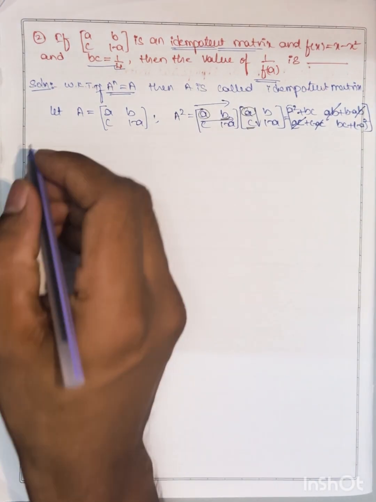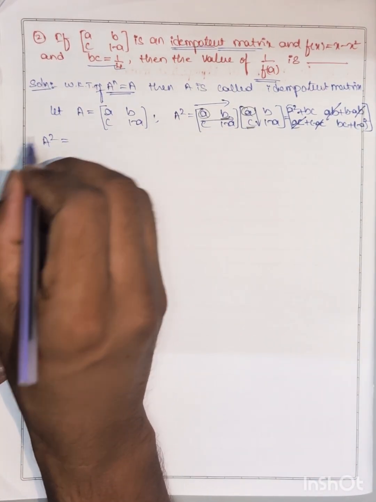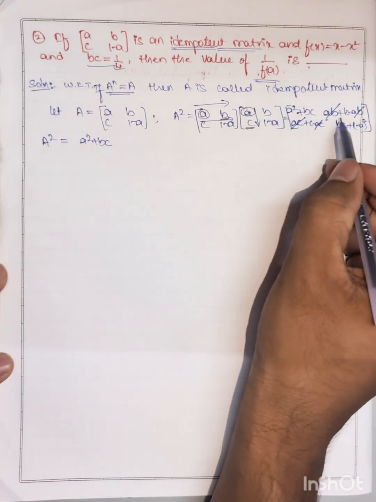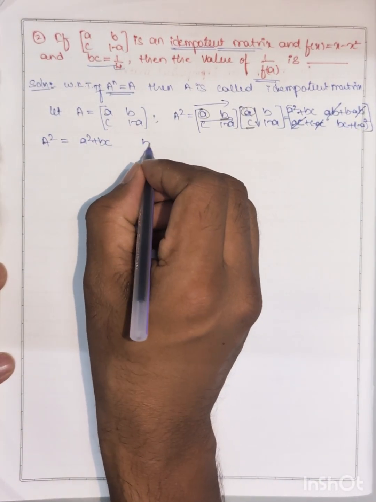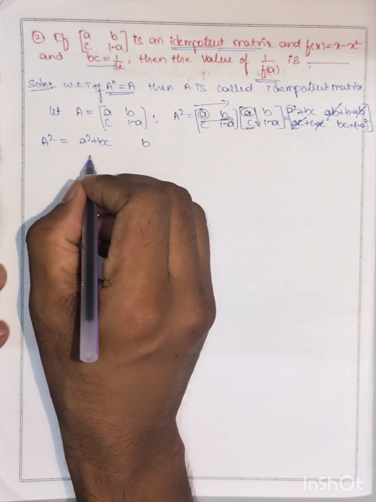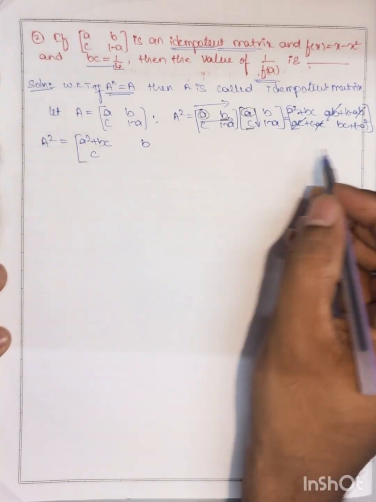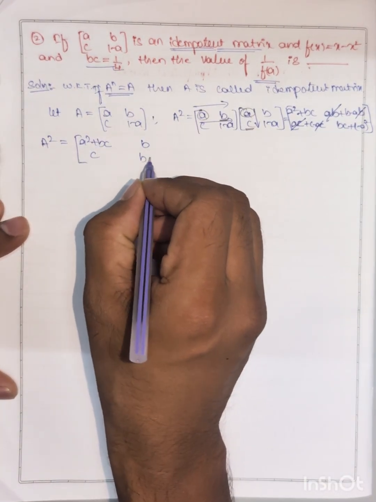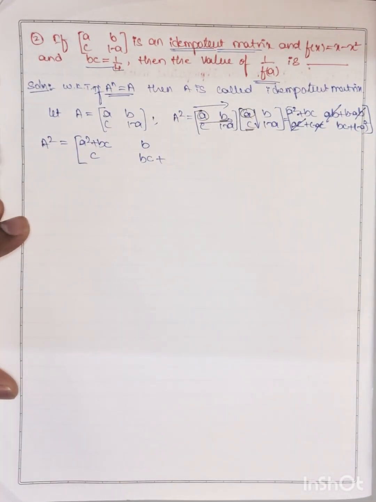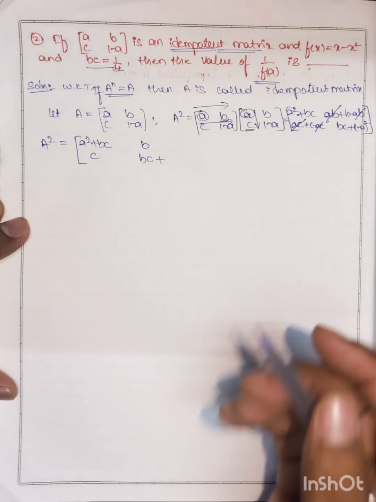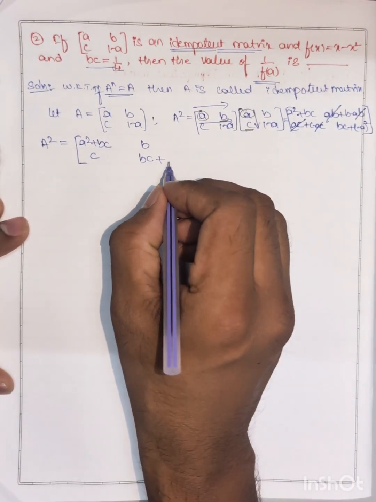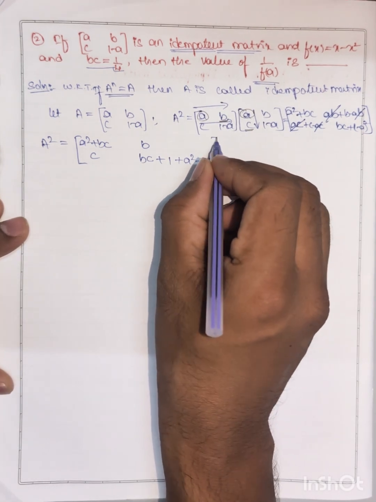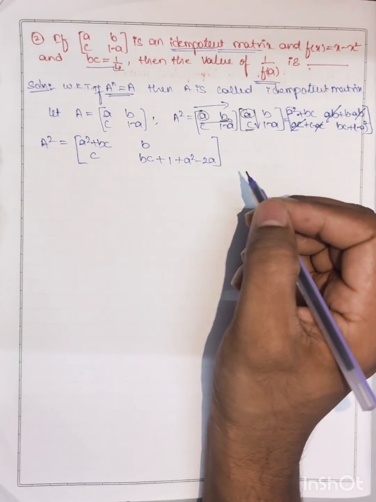When I simplify, we get the elements of A squared: first element a squared plus bc; then after cancelling ab and ab we are left with only b; second row first column is only c; and second row second column is bc plus (1 minus a) the whole squared. What is (1 minus a) squared? This is in the form of (a minus b) whole squared formula, so we can write 1 plus a squared minus 2a. So I have found the value of A squared.